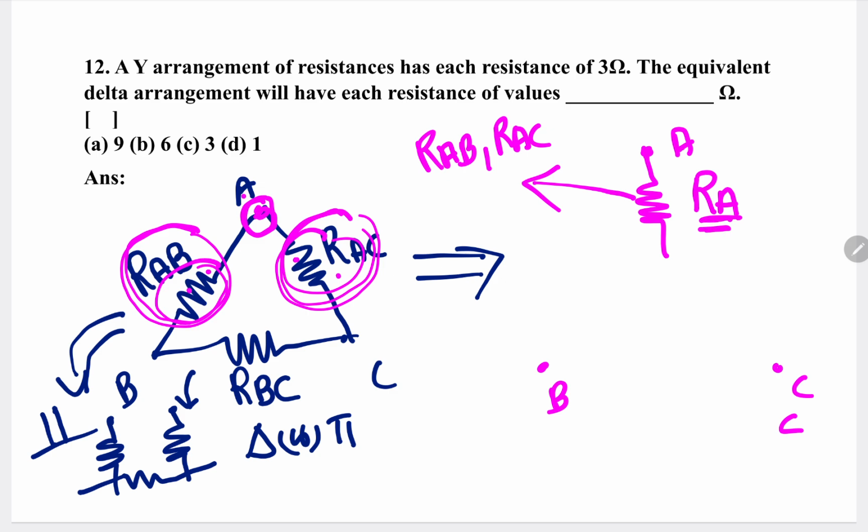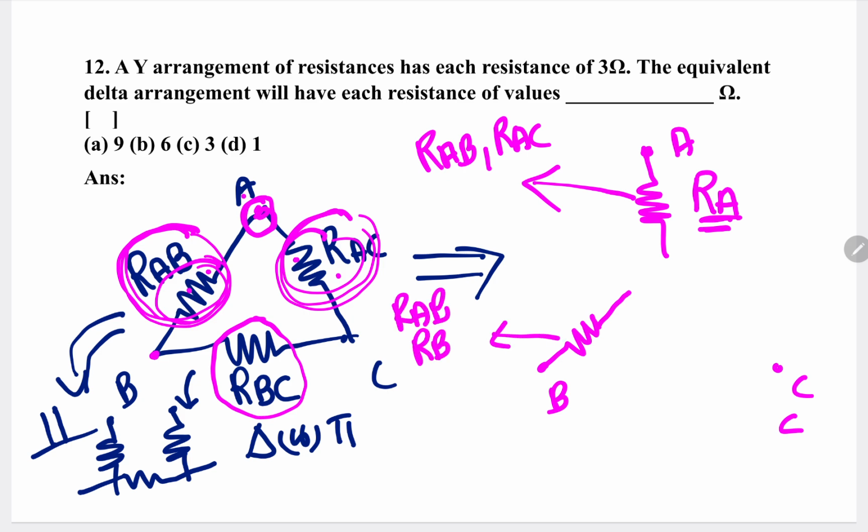And next you see RAB and RBC both are connected to one common point B. So one resistor I am connecting to one common point B. It came because of RAB and RBC. That's the reason I am calling this as RB. Next, the resultant of RAC and RBC is connected to which terminal?